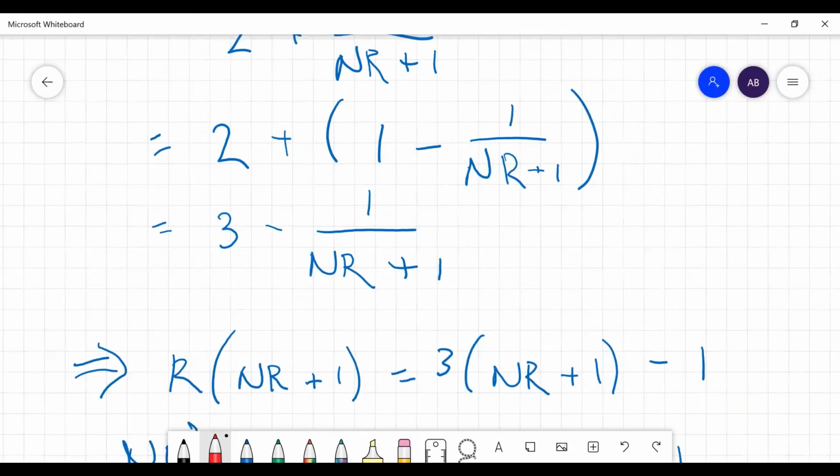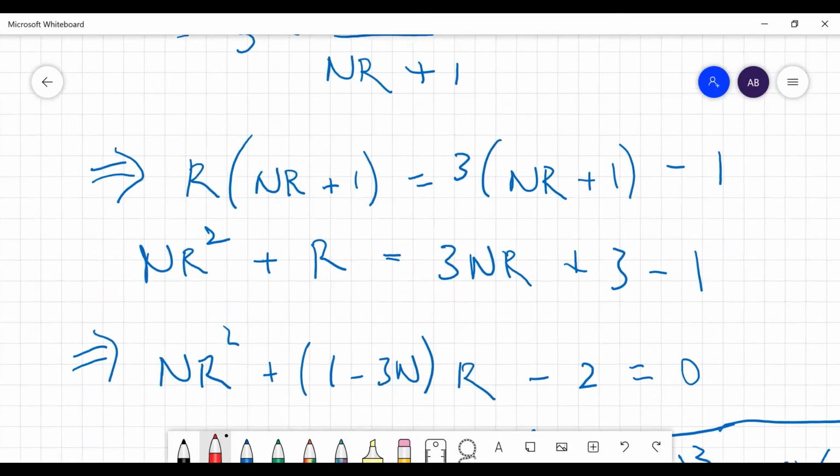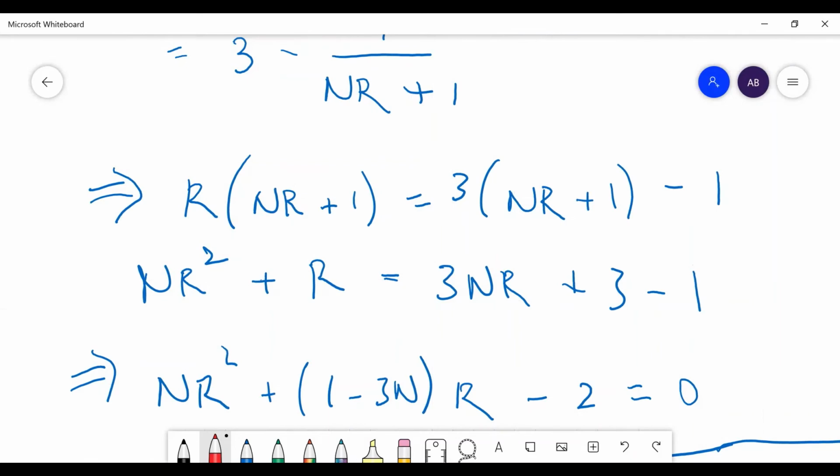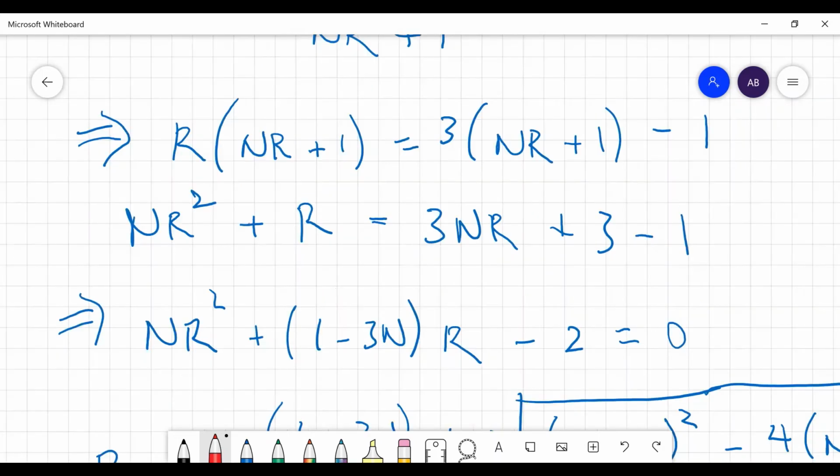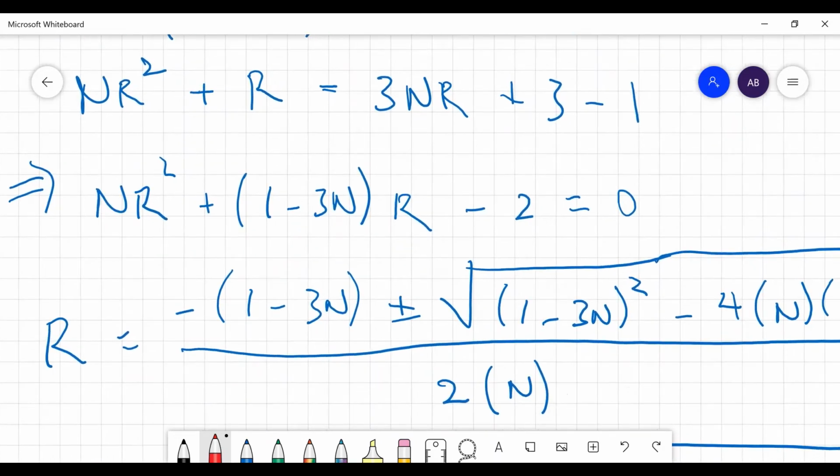So you can do more algebra with it, and eventually you get nR squared plus (1 minus 3n) times R minus 2 equals 0. So this is quadratic, and you can use the quadratic formula to solve it. So we do that.